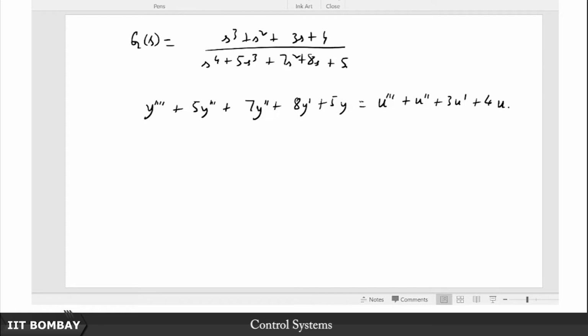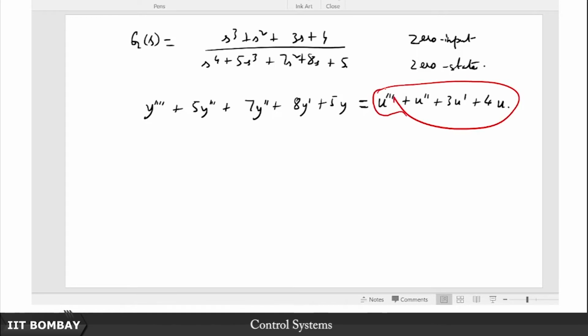Now remember, we talked about the zero input response and the zero state response of a system, right? So if you want to find out the zero input response, we basically ignore this part. So that is the zero input response, and we just look at the response due to non-zero initial conditions, right?